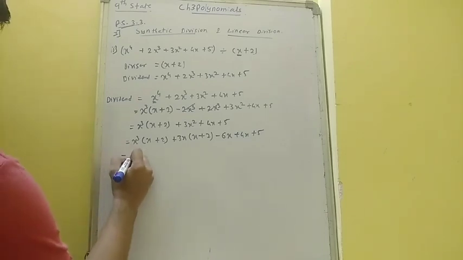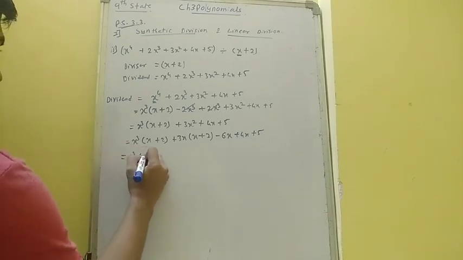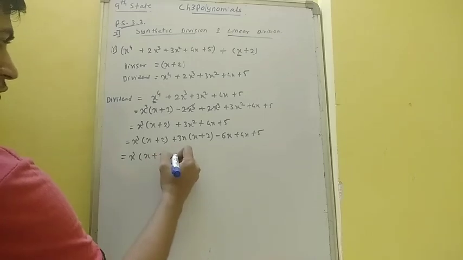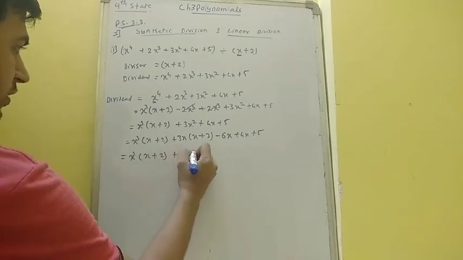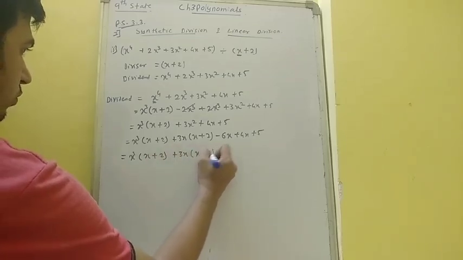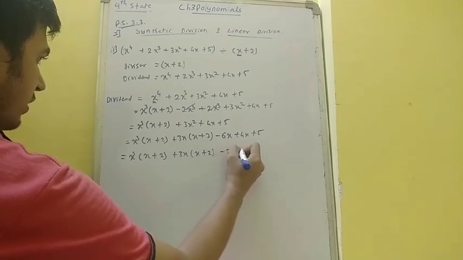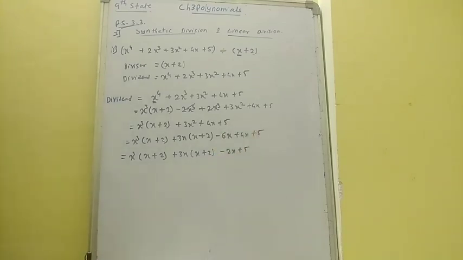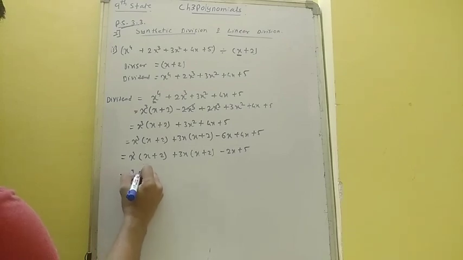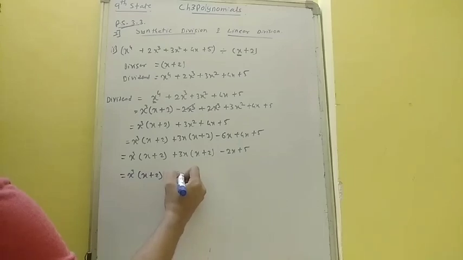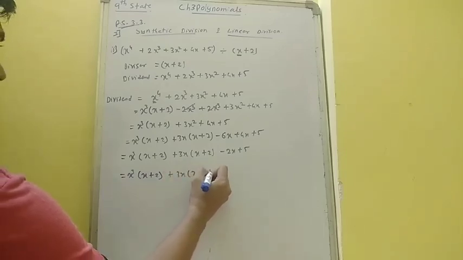Okay. So x cube, x plus 2, plus 3x, x plus 2, minus 2x plus 5. Okay. So x cube, x plus 2 plus 3x, x plus 2.